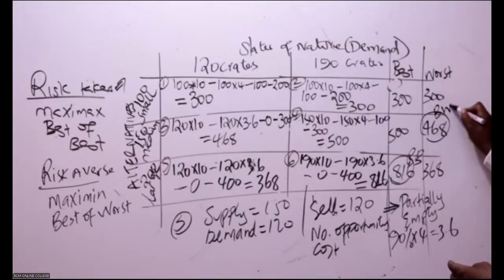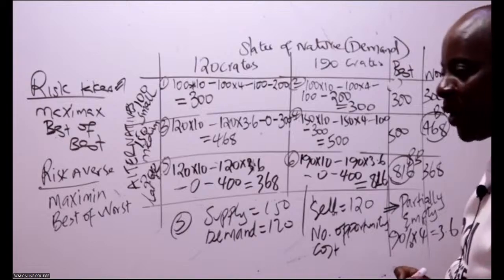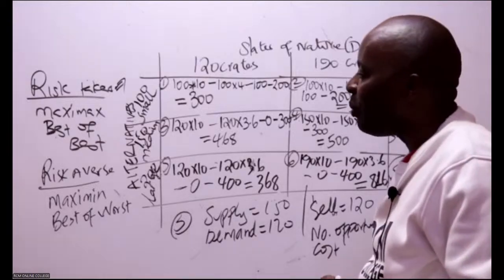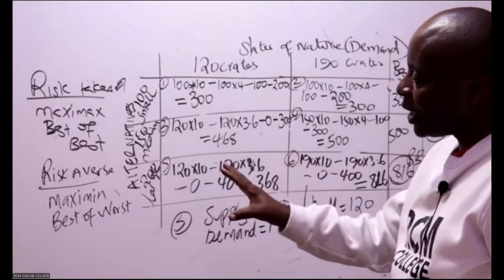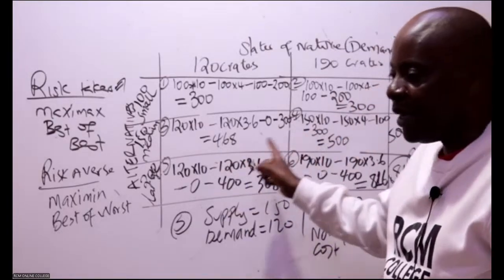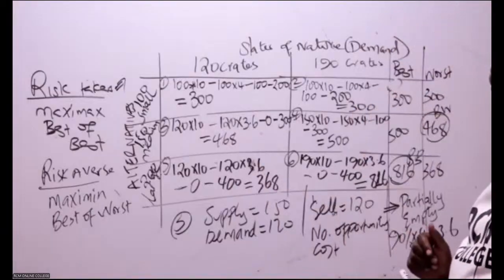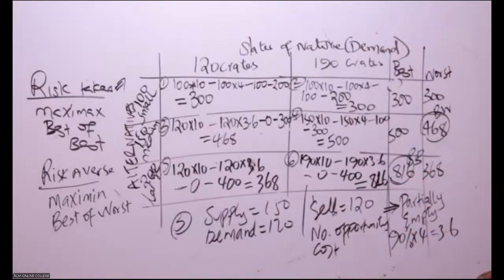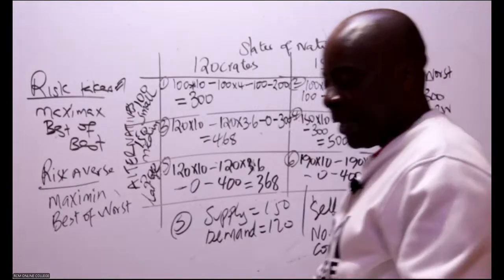So this becomes BW, best of the worst. If they are risk averse, if they are pessimists, they should buy a medium van.